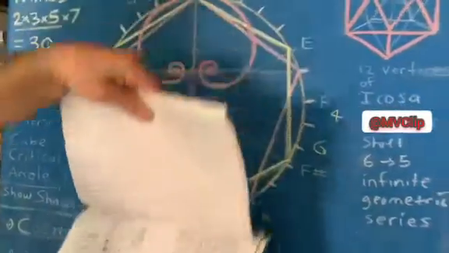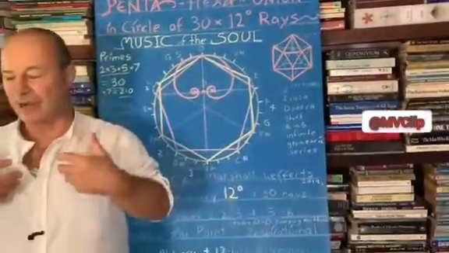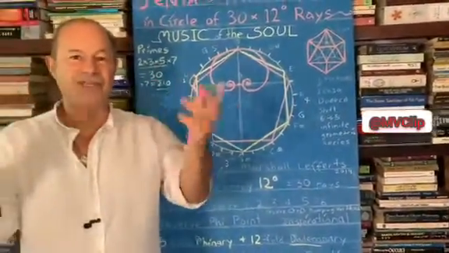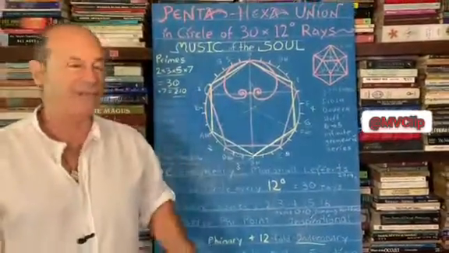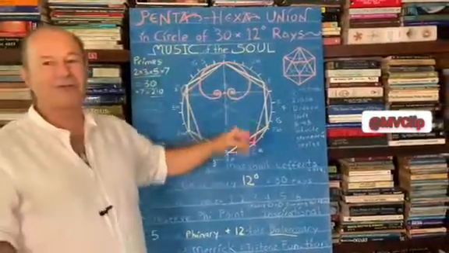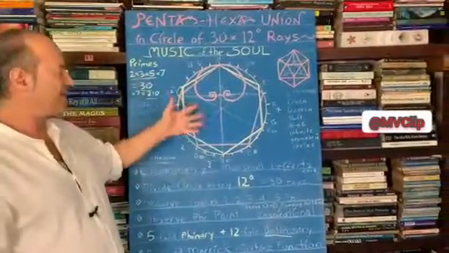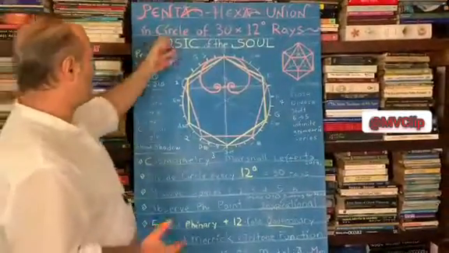So that's why we say that music has deep effects on the soul, because when we're in harmony with the chanting and the songs, which are frequencies, it transforms our body. And here's the sacred geometry of the circle divided into the 5, into the 6, the penta and the hexa, and it's making all these beautiful connections.